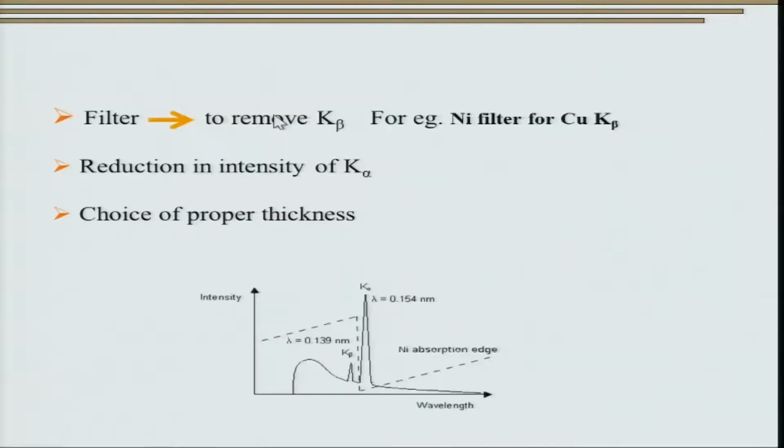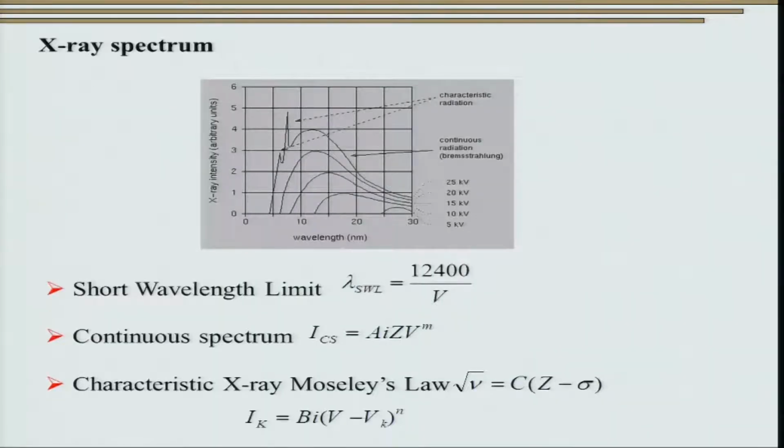This characteristic peak occurs according to Moseley's law, which says the square root of the frequency is equal to a constant into Z minus sigma, which is another constant. So, depending on the atomic number, different metals will give rise to different peaks.